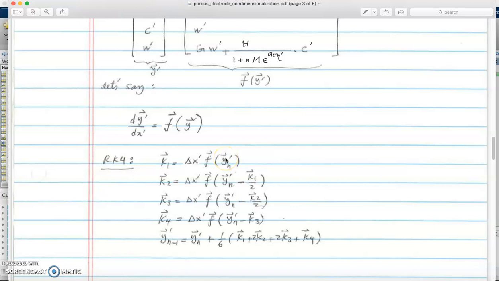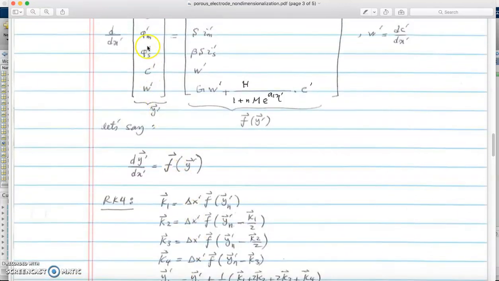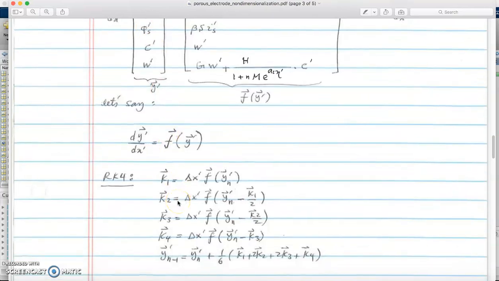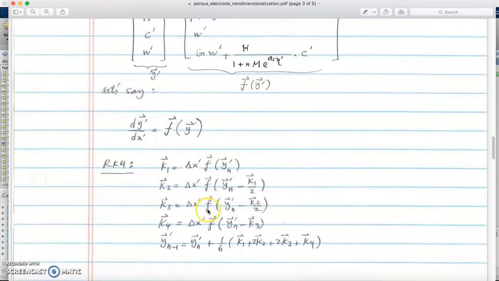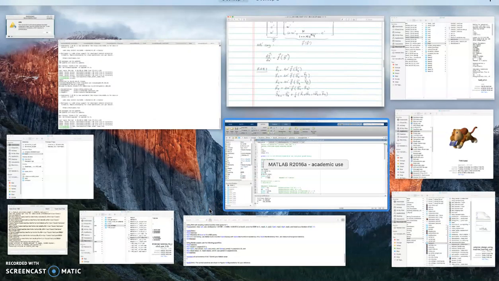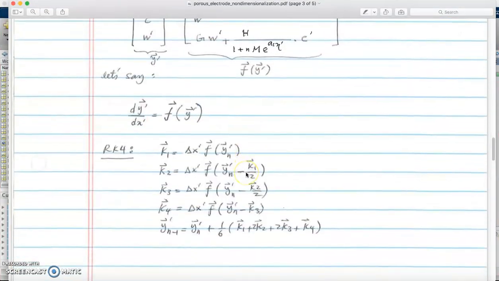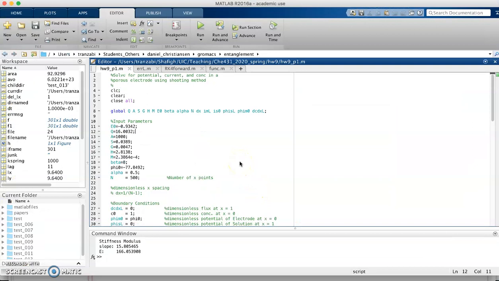And so we can easily write these in a MATLAB script to calculate the progression of the 6 variables at every delta x, or at every x from 0 to L. So now I'm going to skip over the rest of the details and just jump into the MATLAB script.